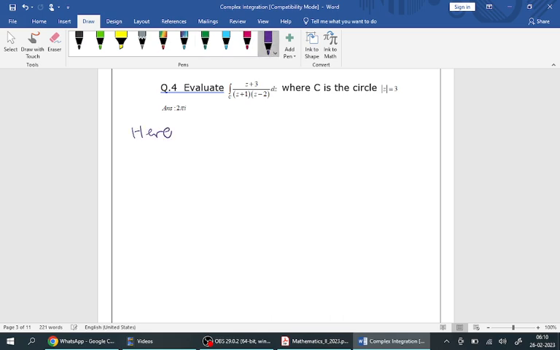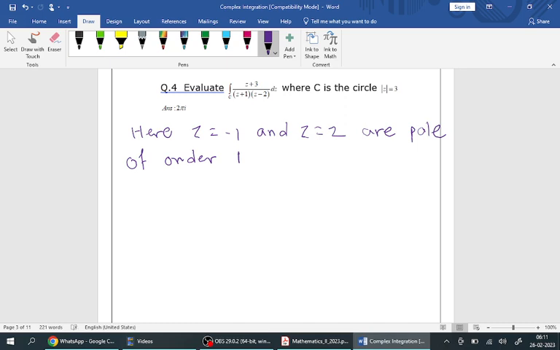You will observe z equal to -1 and z equal to 2 are poles of order 1. You can say poles of order 1, or you can say these are simple poles.